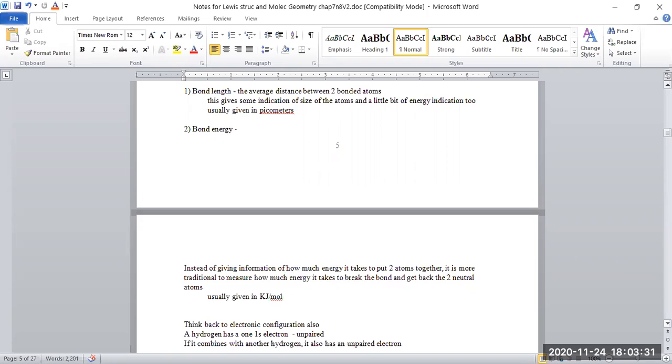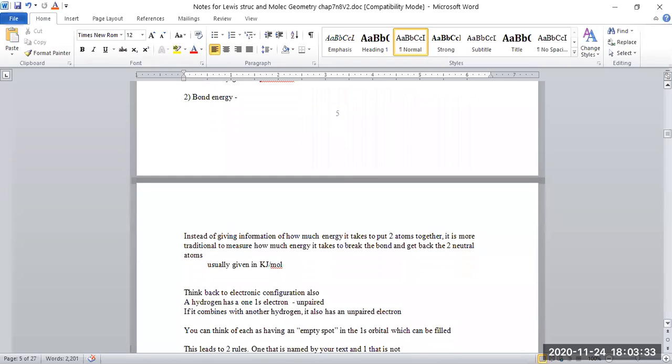Now, it sounds really backward, but the way that they tend to be referred to in terms of how you would make that measurement is they don't talk about the breaking of it. They talk about how much it would take to put them back together. Okay.